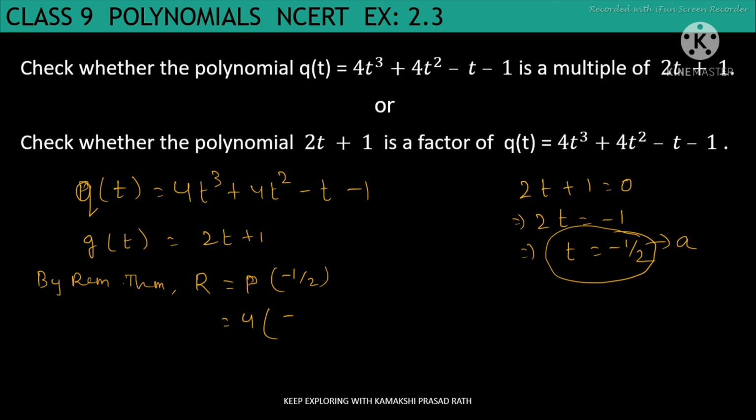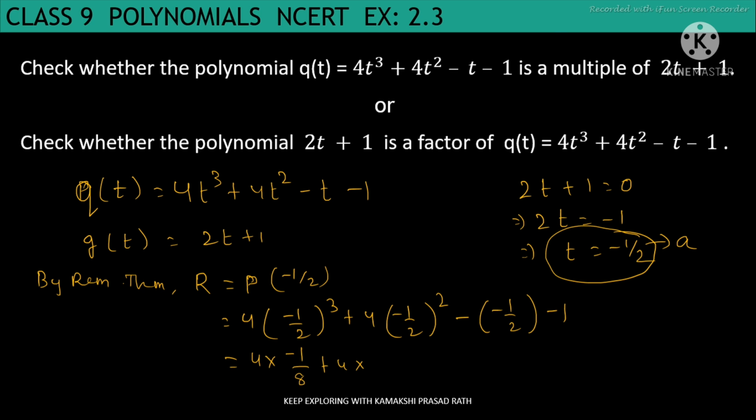So 4 multiplied by minus 1 by 2 whole cube plus 4 multiplied by minus 1 by 2 whole squared minus minus 1 by 2 minus 1. Always remember, whenever you have a negative, keep it in brackets. Next step: 4 multiplied by minus 1 by 2 whole cube becomes minus 1 by 8, since 1 cubed is 1 and 2 cubed is 8, plus 4 multiplied by minus 1 by 2 whole squared, which becomes positive 1 by 4, since 2 squared is 4.